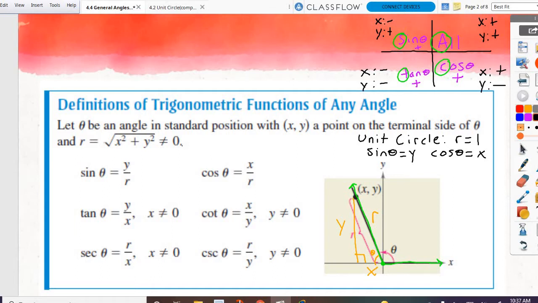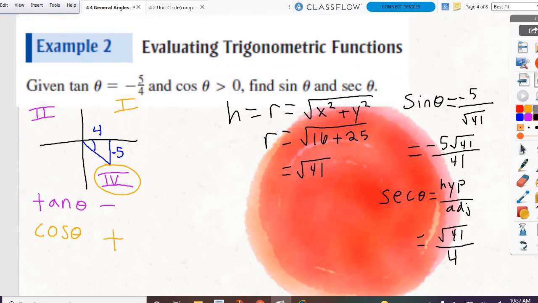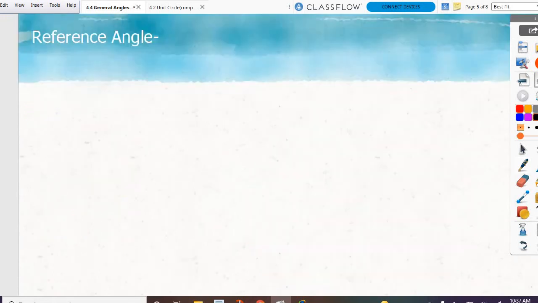Alright? Then, the last thing that we needed to talk about are our reference angles. So, a reference angle is going to be the acute, so what does acute mean? Smaller than 90.